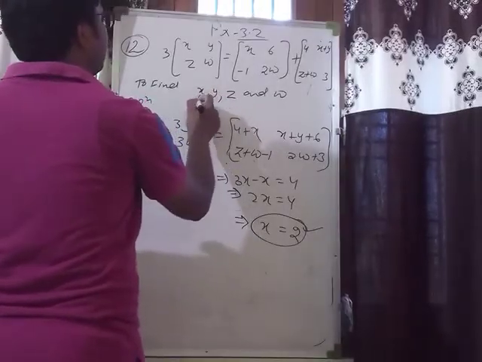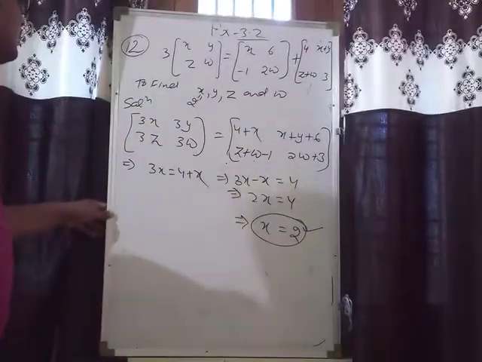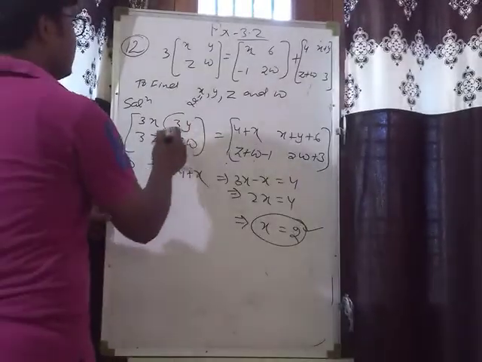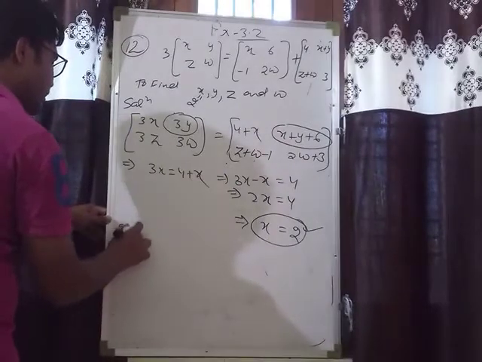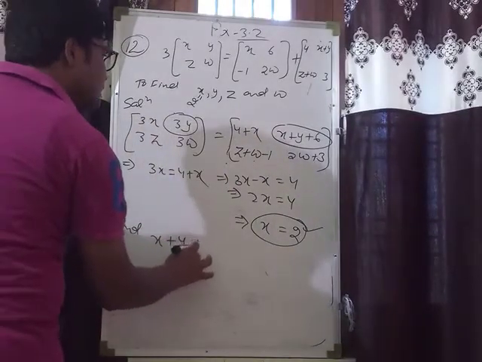X is 2. Now see, 3y is equal to x plus y plus 6.